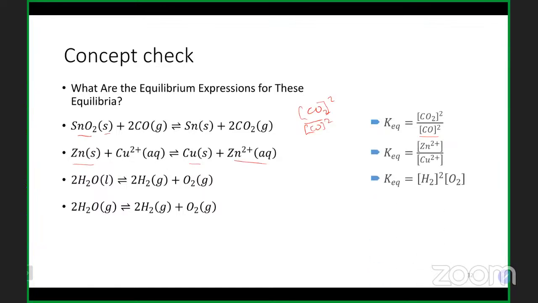Here, it's H2 squared times O2. Now, this is pure liquid. And in the last case, we have H2O2 because we now have a gas here. So please note the difference between these two.